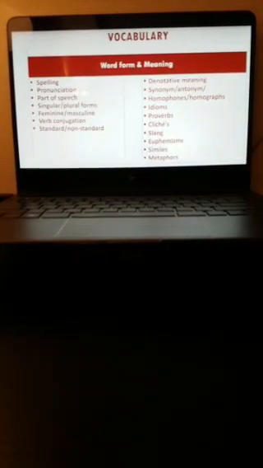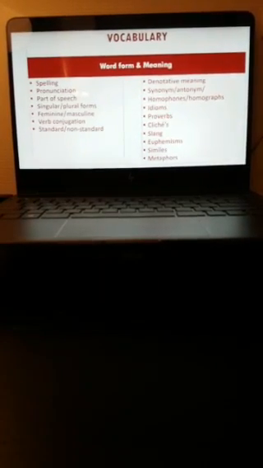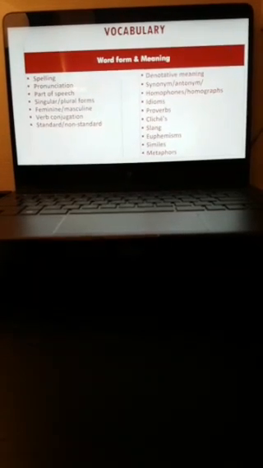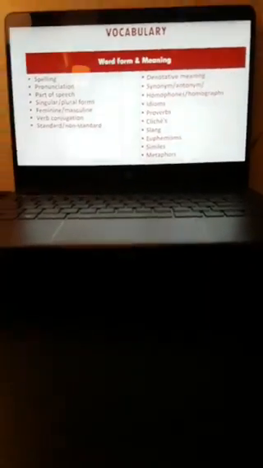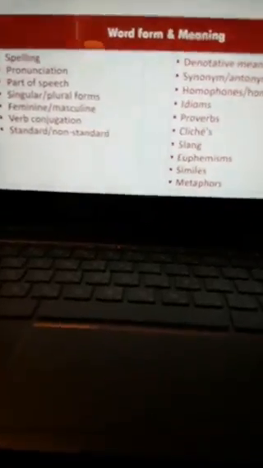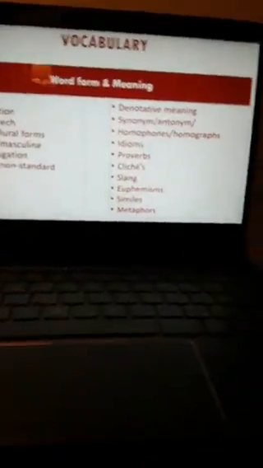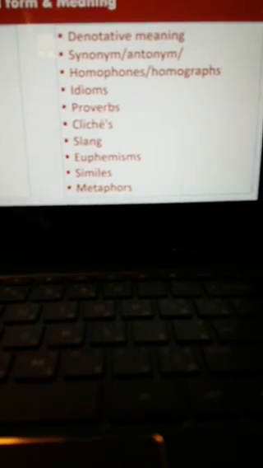If we have a verb, then how the verb is conjugated, whether the word is standard or non-standard, and other things.